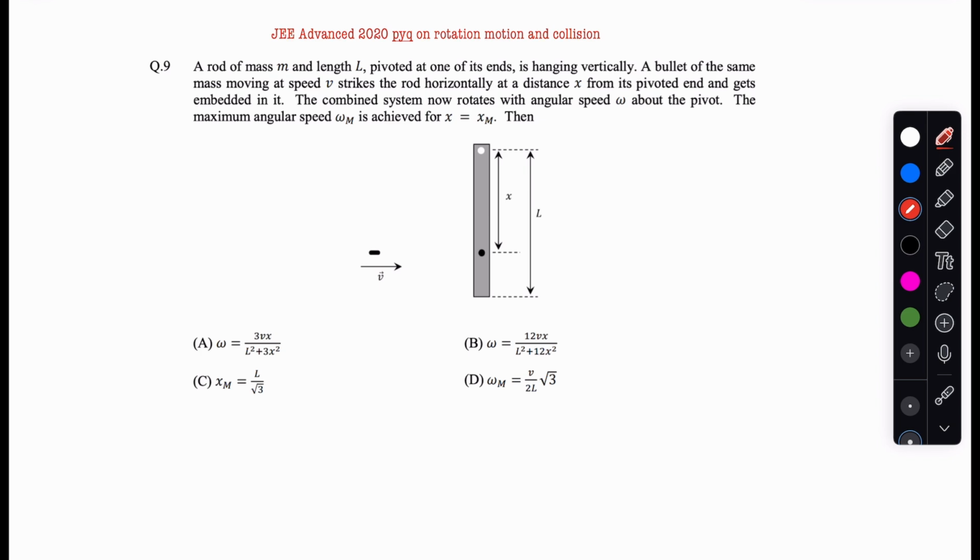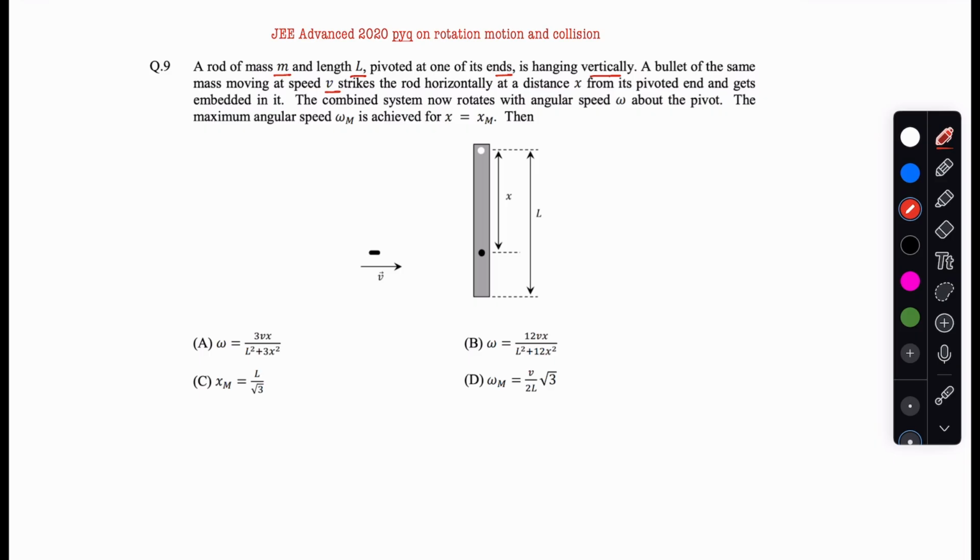So we have been given that there is a rod of mass m and length L pivoted at one of its ends, hanging vertically. A bullet of the same mass m, moving with speed v, strikes the rod horizontally at a distance x from the pivoted end, as given in the diagram, and gets embedded in it.